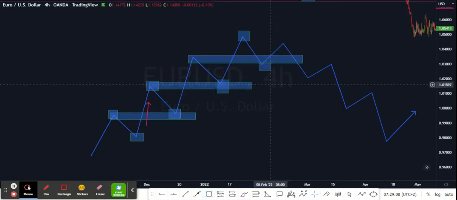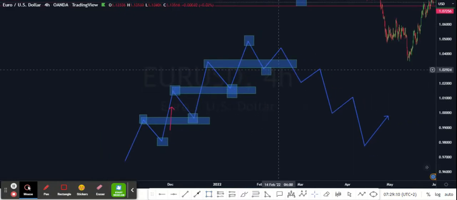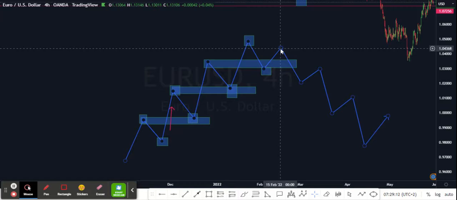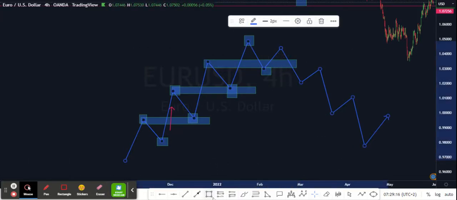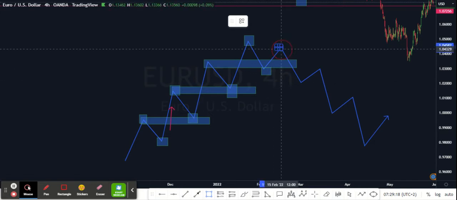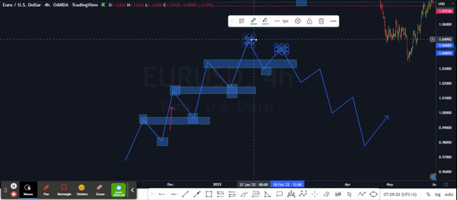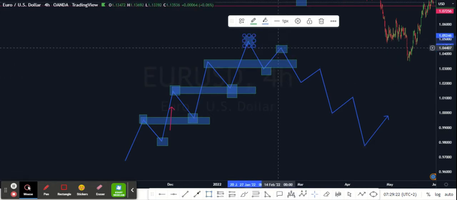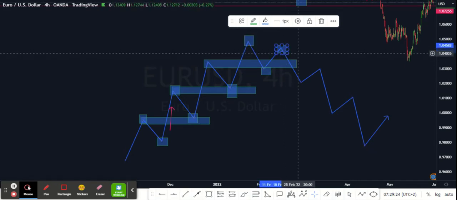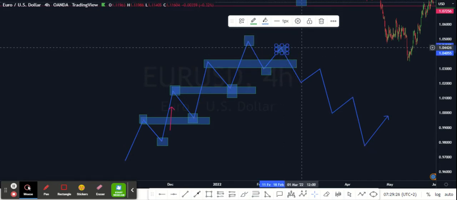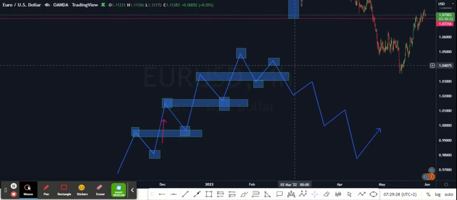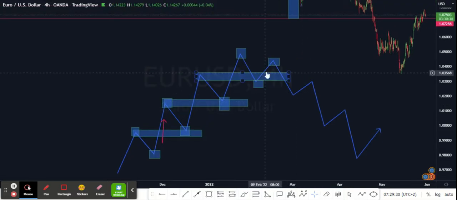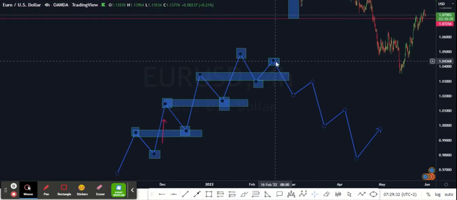Now, here's where the trick comes. The market did not form a higher high. So this one here, we don't call it a swing yet because it has not closed above the previous high. We can call it a higher swing or higher high until we see where it will close.